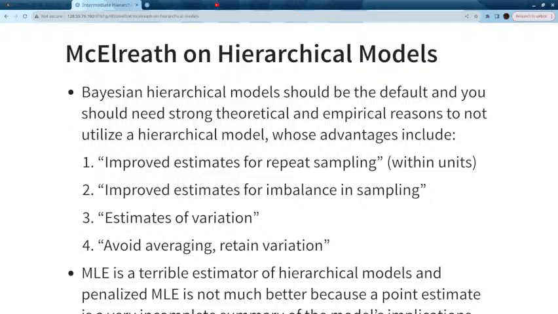So either some sigma is 0 or some correlation is either +1 or -1, all the way on the boundary of the admissible space. And if that happens, the maximum likelihood estimator is not really justifiable.